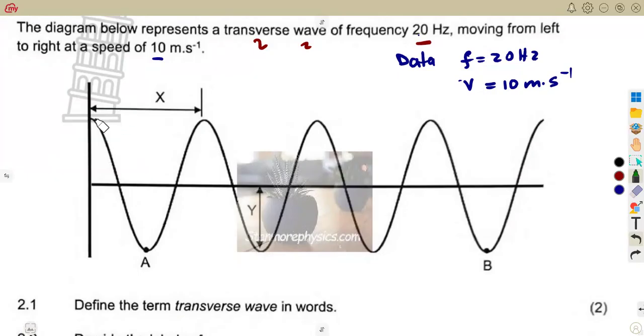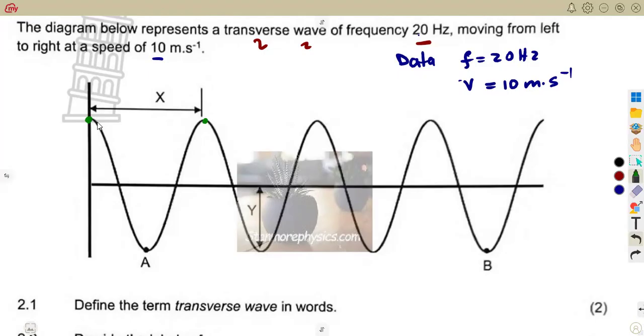Let us try to study. We are given the point A and the point B, which are inverse of each other, which is fine. Then we've also got the X. What does this X represent? Like I said, from one crest to another crest, what is it that you form?